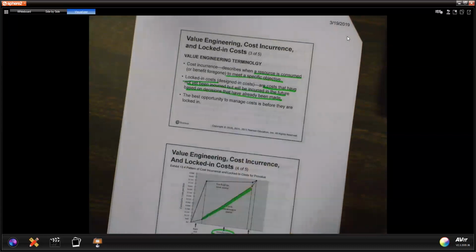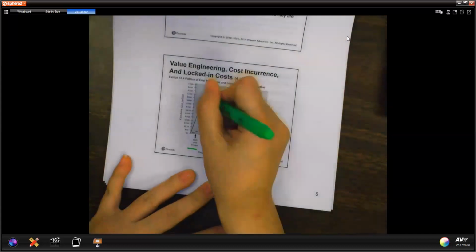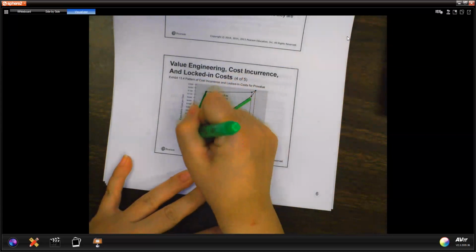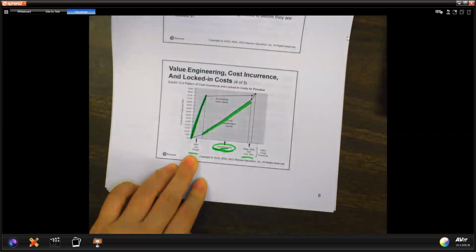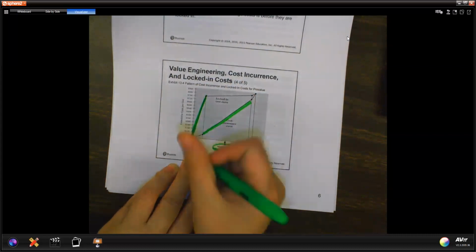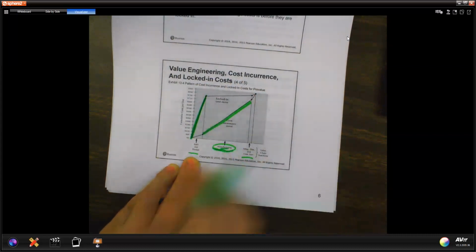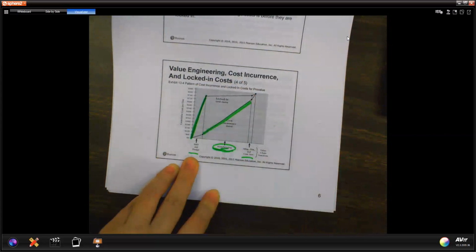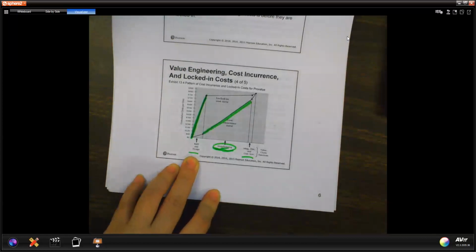The locked-in costs are mostly determined during the R&D stage. At that moment you just designed it, you didn't really buy the diamond, but you already locked the diamond cost into your product. So that's the locked-in cost.